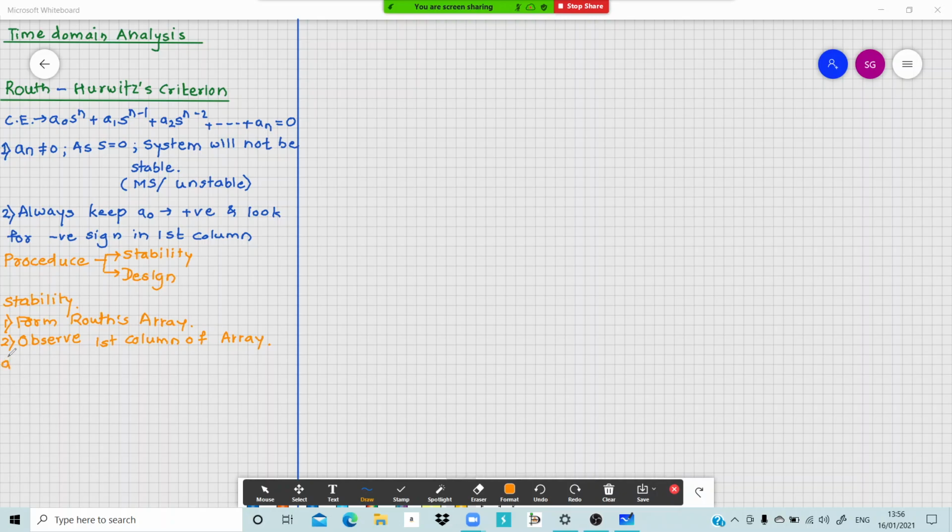Let us say A: you have seen that there are no sign changes, no negative sign, all signs are positive. Because we are making the first term positive, all signs are positive for the elements in the first column. That tells you that there are no poles in RHP, and that means your system is stable.